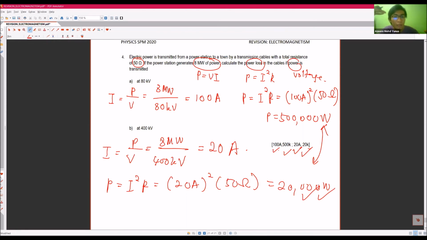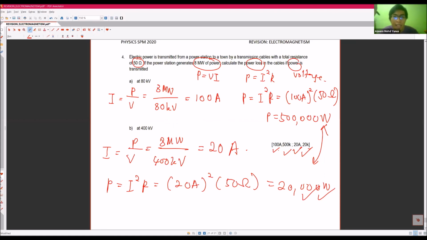If the transformer is not ideal, then you can use the efficiency formula. But basically, you can just use the efficiency formula for everything for transformer. If the transformer is ideal, you just replace the efficiency by 100%. As simple as that, and then you get back the same formula as the ideal transformer formula.